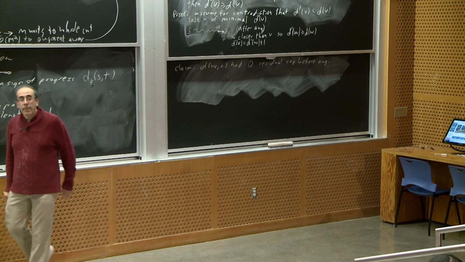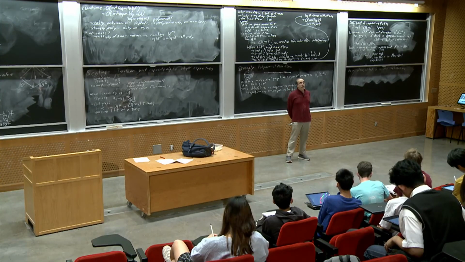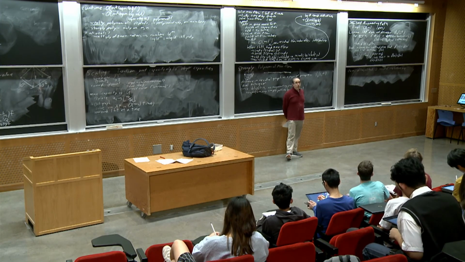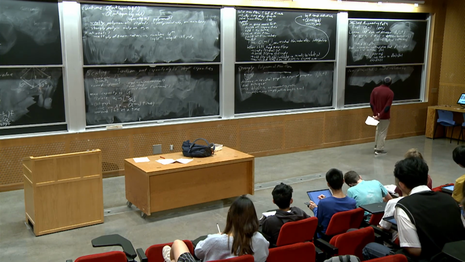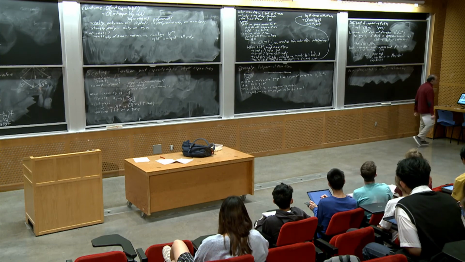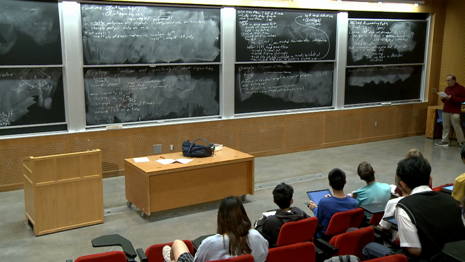How can I justify that claim? Suppose that this edge from V to W had non-zero capacity before the augmentation.